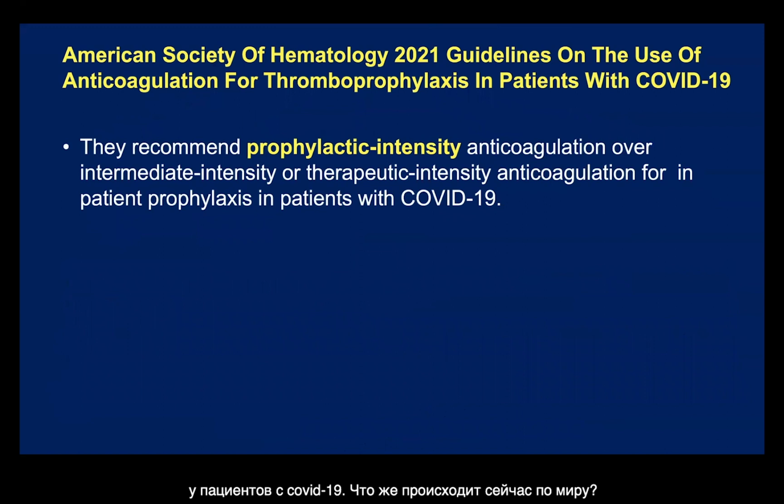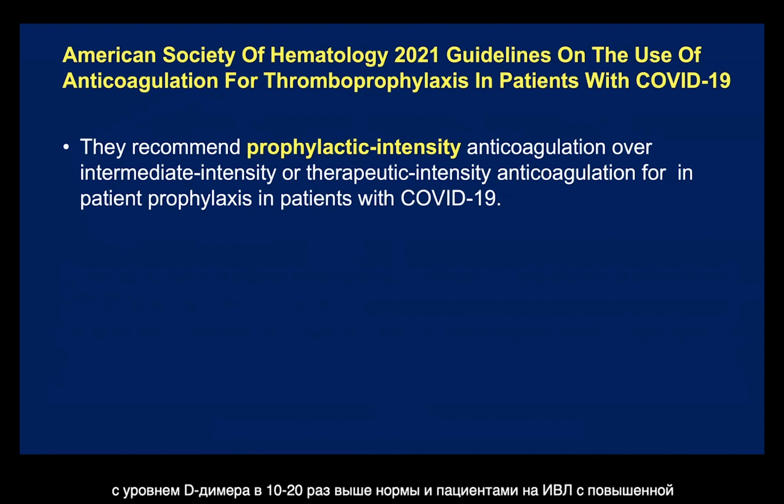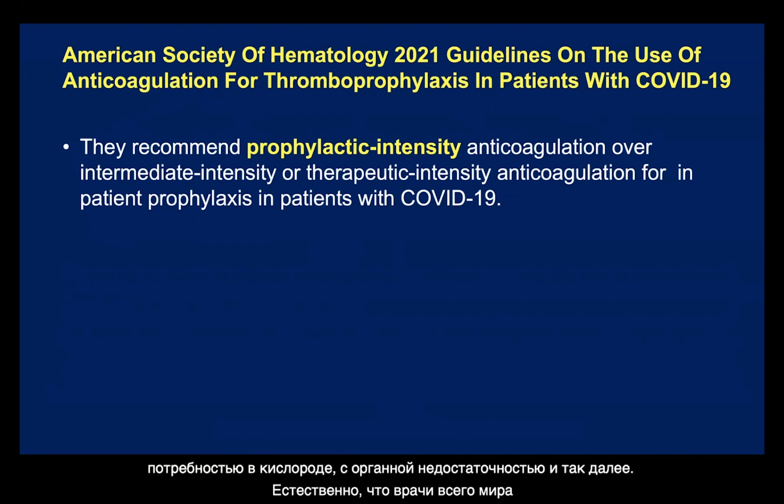Now, around the world during this year, thousands of investigators have been literally tearing their hair out because patients would come in. In the beginning, we didn't give prophylaxis, and we saw all these clots. So then finally, we figured out that everybody needed to get standard thrombosis prophylaxis unless they were high risk of bleeding. But then as we went on, there were patients with D-dimers 10, 20 times normal, and patients on respirators with increased oxygen requirements and organ failure and so forth.